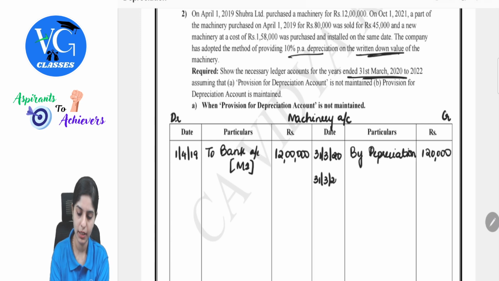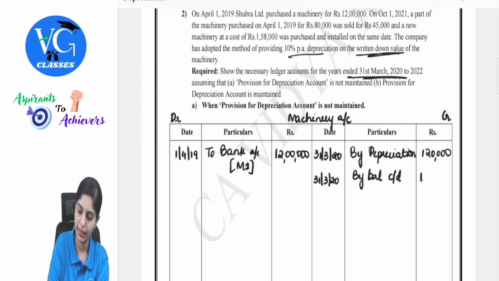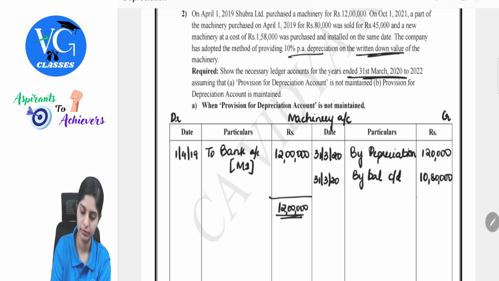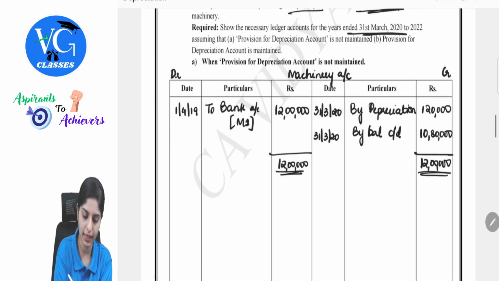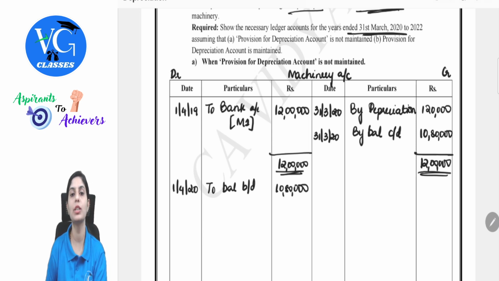So on the same date, by balance carried down, 12 lakh minus 10% is 10,80,000. 12 lakh and 12 lakh. On 1st April 2020, to balance brought down 10,80,000.